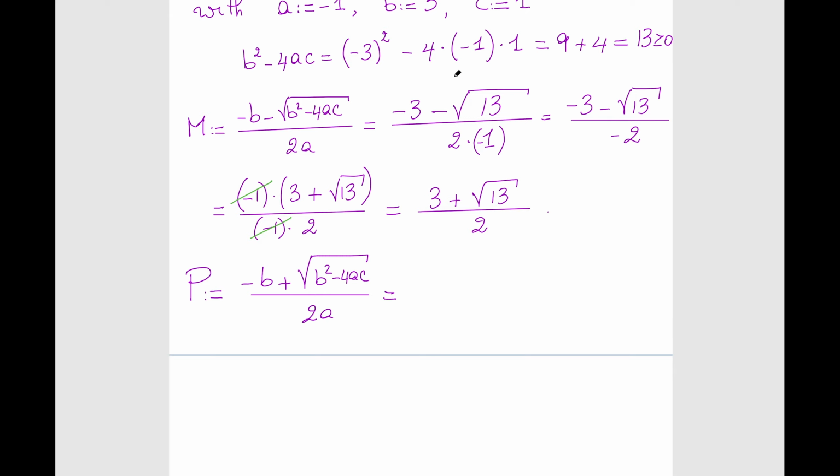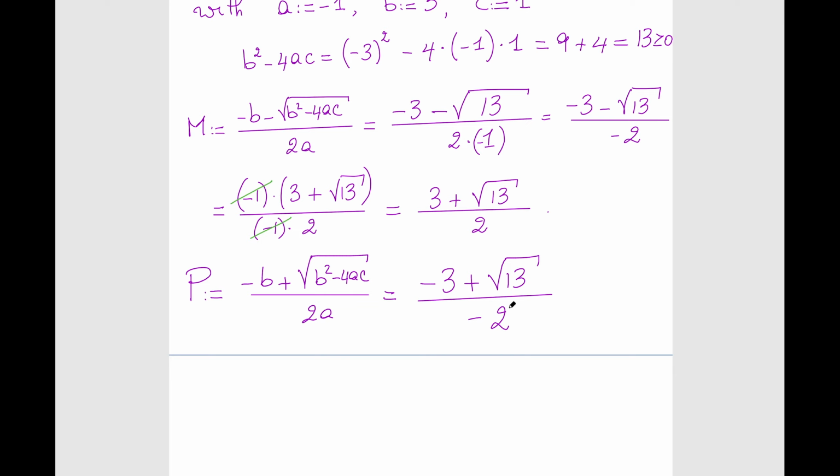So I'm going to rewrite this whole thing, but instead of this minus, I'm going to have a plus, and instead of this minus, I'm going to have a plus. So I'm going to get -3 plus square root of 13 divided by -2, right? So I jumped immediately to this stage because I understand that the only difference between m and p is that this sign is going to be a plus. So I just copied it.